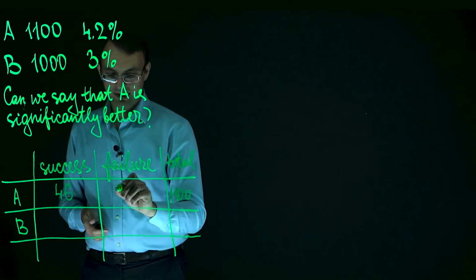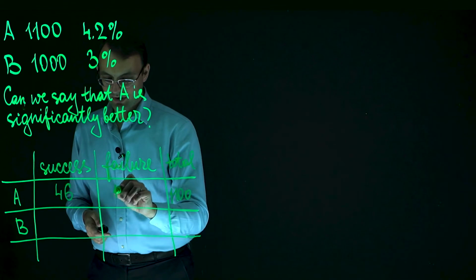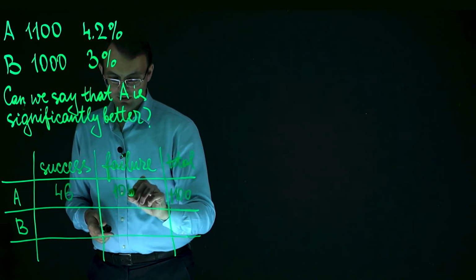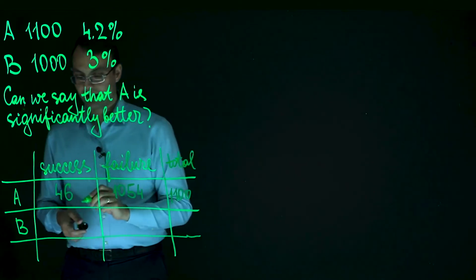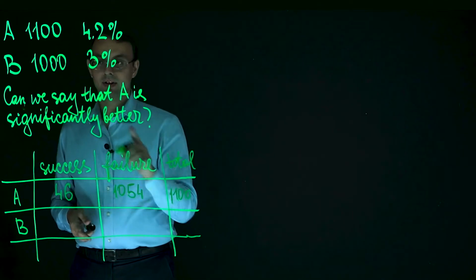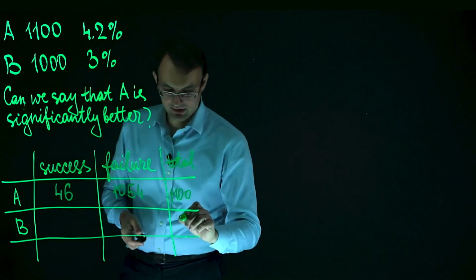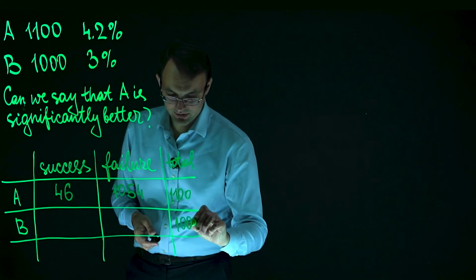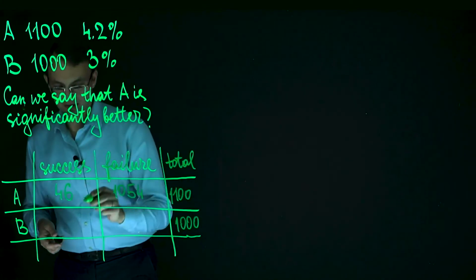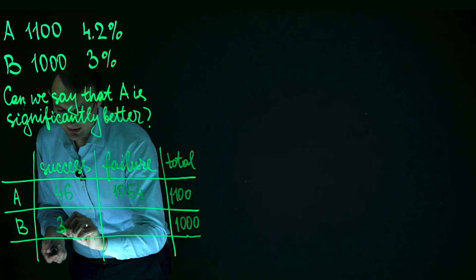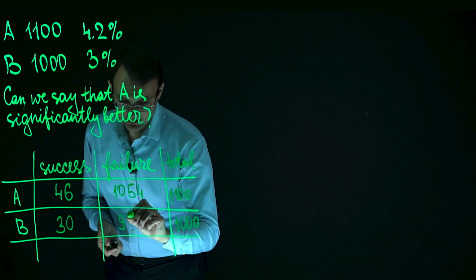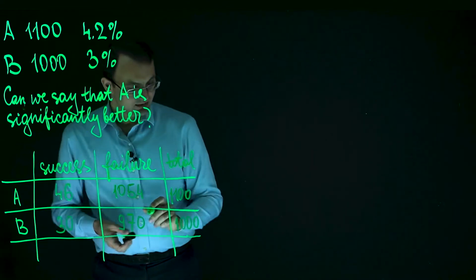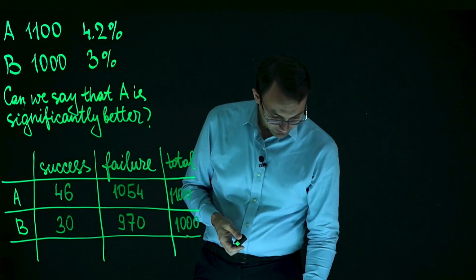And so the rest, 1,054, are failures, unsuccessful. And in the second series of trials, we have 1,000 trials, and 3% of them, that means 30, are successful, and 970 are unsuccessful.